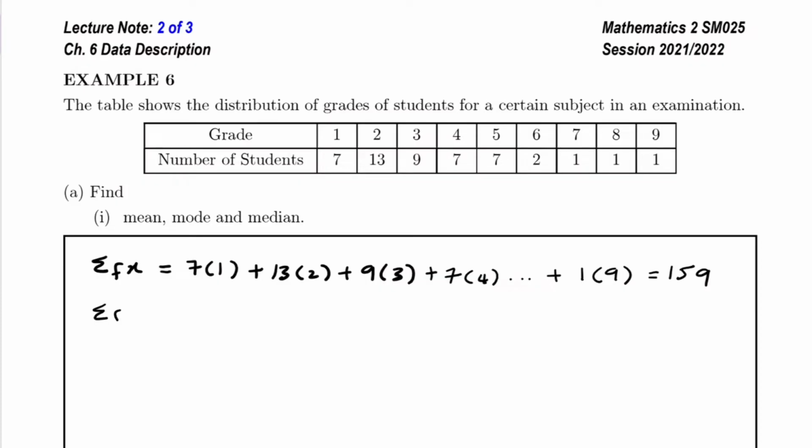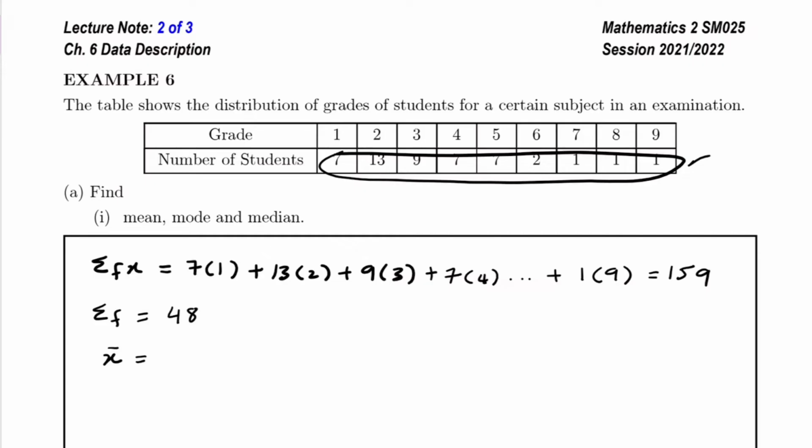To find the total of frequency, we have to total up all of the number of students here to get the answer, which is 48. So the mean is equal to 159 over 48, which is 3.313.